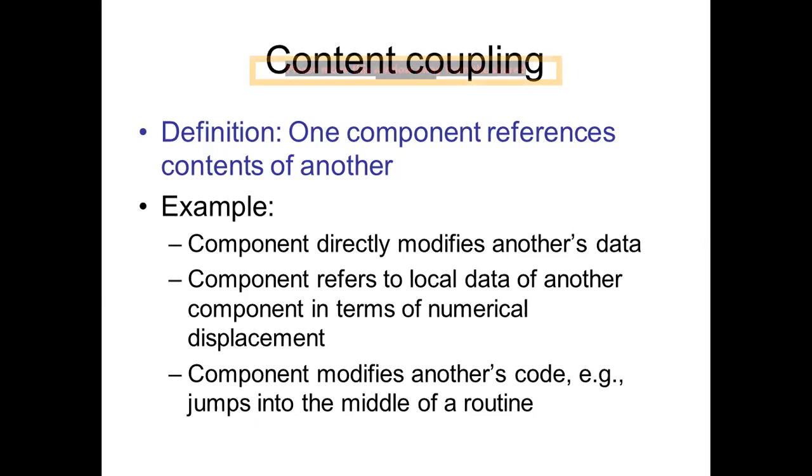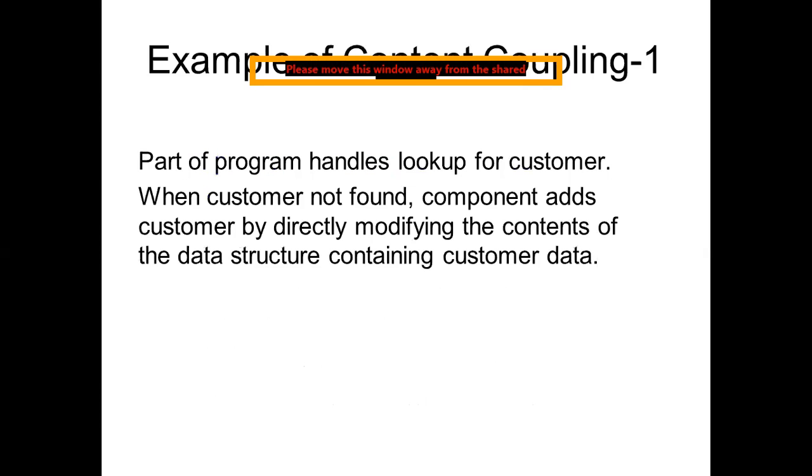So here interdependency is more powerful. This is called content coupling: we are changing the data of another component on behalf of another component.